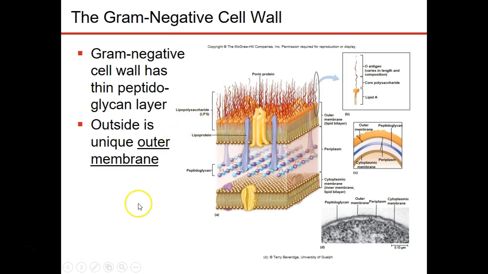These lipopolysaccharides are really important because they contain two major structures. They contain a lipid called lipid A and an O antigen that identifies the different bacterial species or strains of bacterial species.